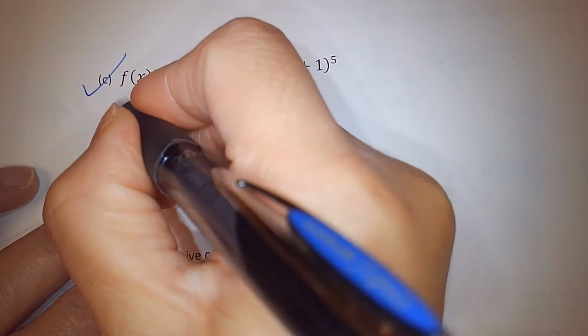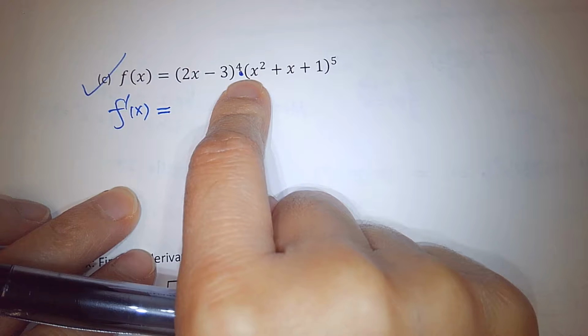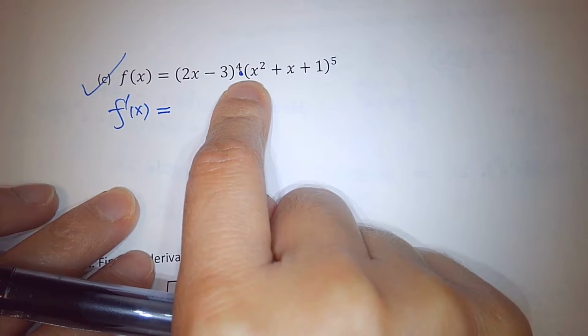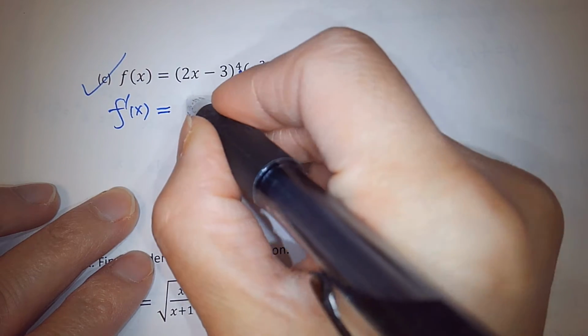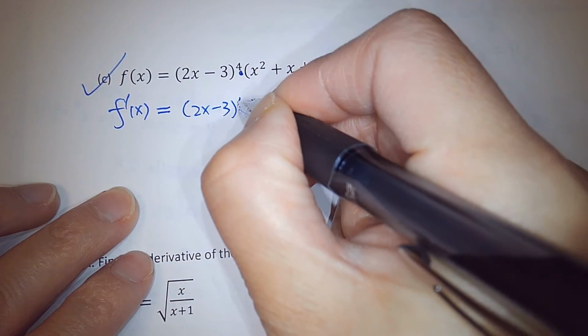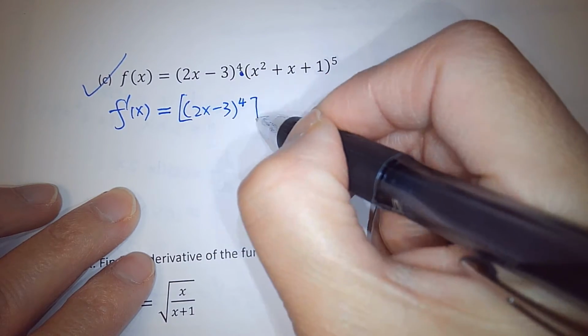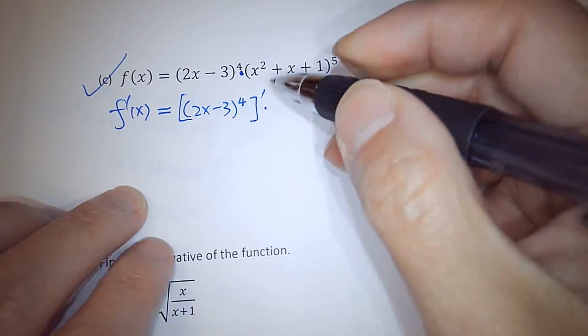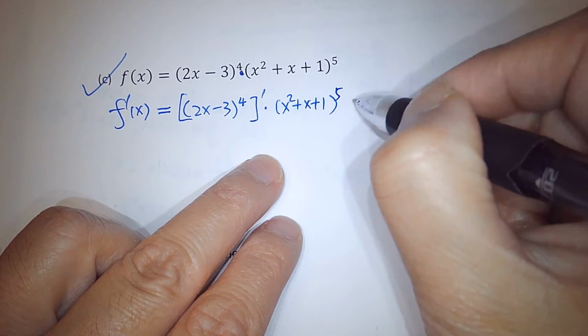So to differentiate f, because this is a product, do you still remember the product rule? The product rule is telling us to differentiate the first factor, 2x minus 3 to the first power's derivative, times x squared plus x plus 1 to the fifth power.